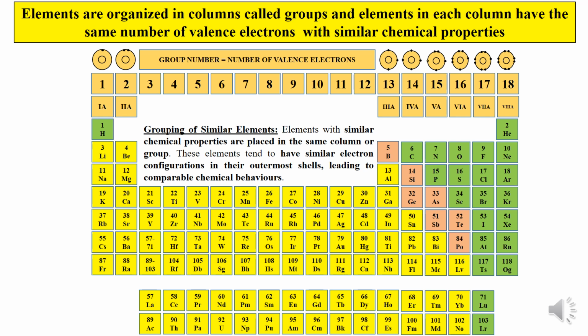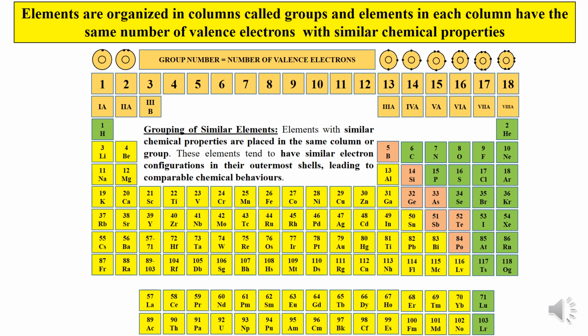Because it is the valence electrons that participate in chemical reactions. And that is why elements in the same group have similar chemical properties.